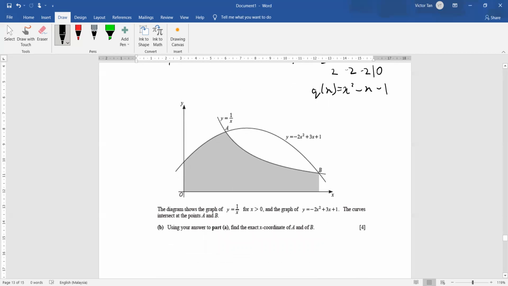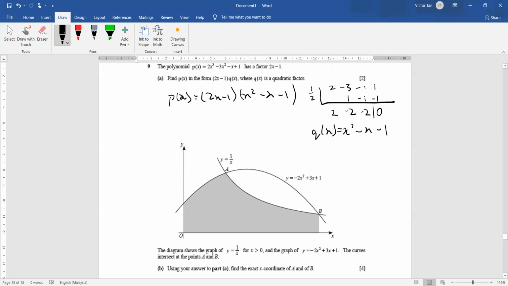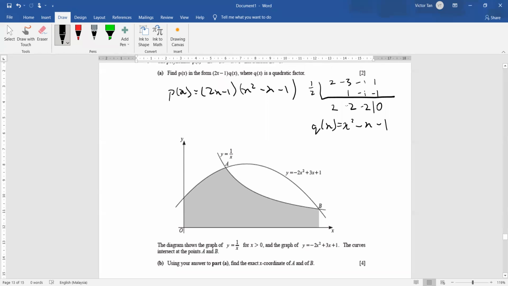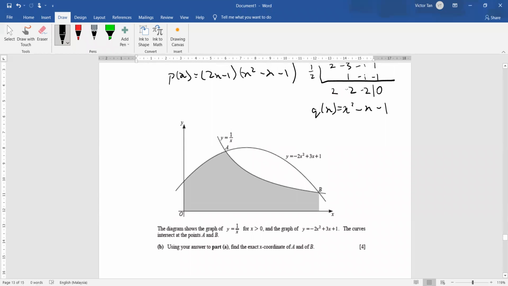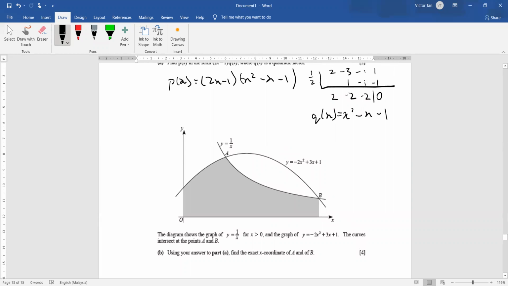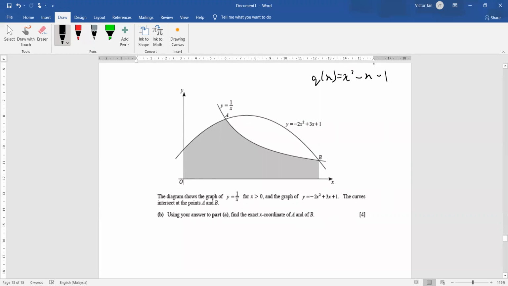The diagram shows the graph of y equals 1 over x for x larger than 0, and the graph of y equals minus 2x squared plus 3x plus 1. The curves intersect at the points A and B. Using your answer in part A, find the exact x coordinates of A and B. So minus 2x squared plus 3x plus 1 equals 1 over x.